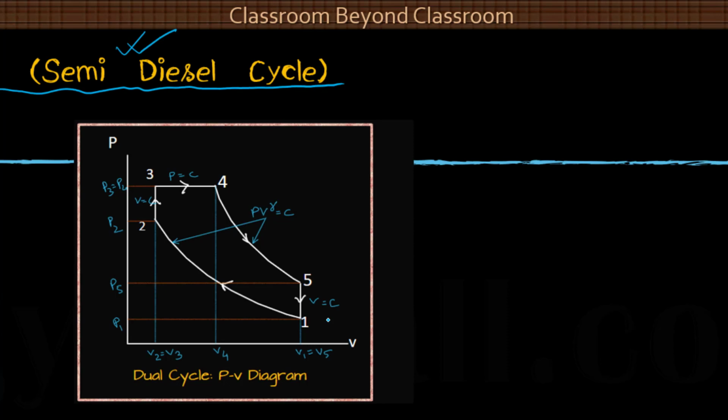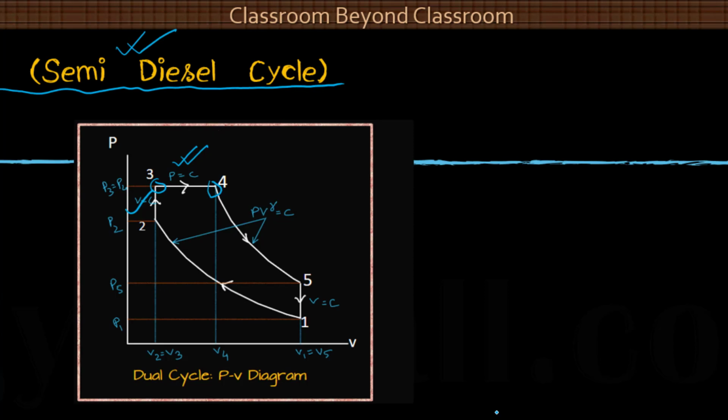Then at point 2, the heat addition begins, and first the heat addition is done at constant volume, V equal to C, in process 2-3. And then again heat addition is done during the process 3-4, where P equal to C, that means heat addition at constant pressure.